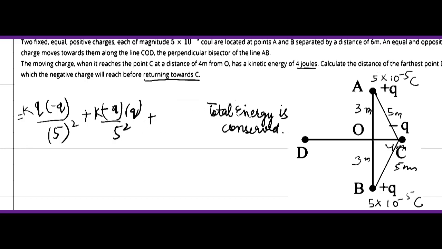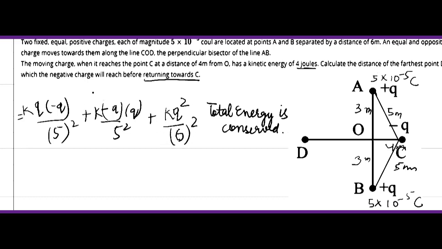And now the potential energy of these two positive charges will be simply, because we are taking it for the whole system, you would keep that in mind, we are taking out the total energy for the whole system. So the distance between these two positive charges is 6.